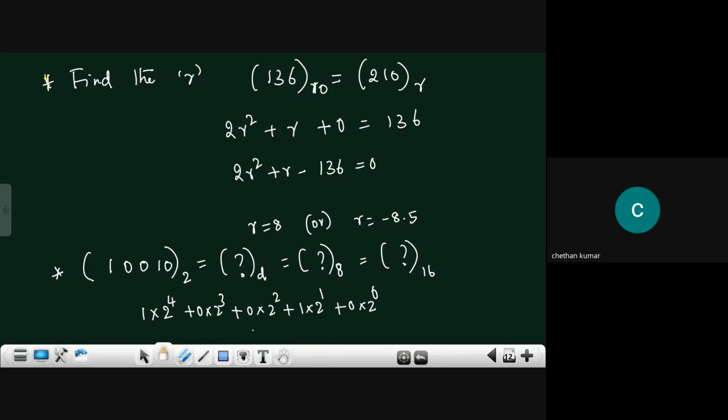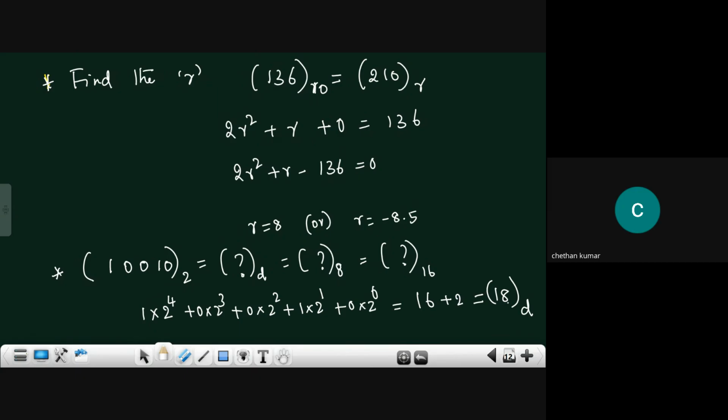Correct? So 2 power 4 is 16. 16 plus 2, what is the result? 18. So 10010 in decimal is nothing but 18.